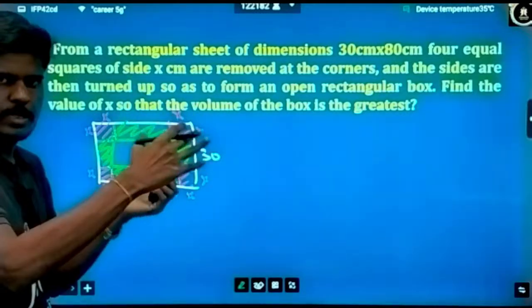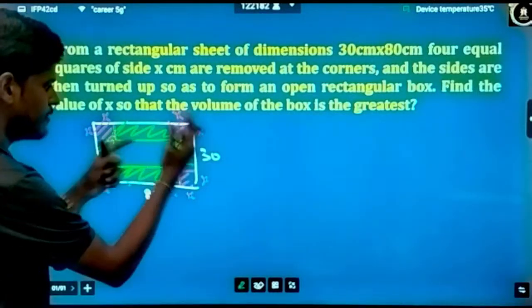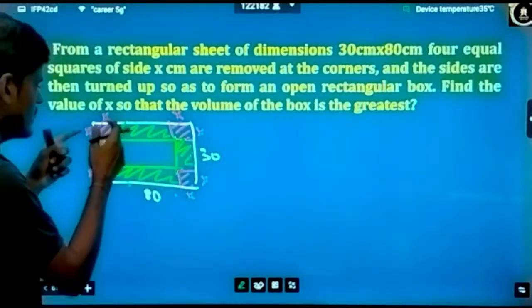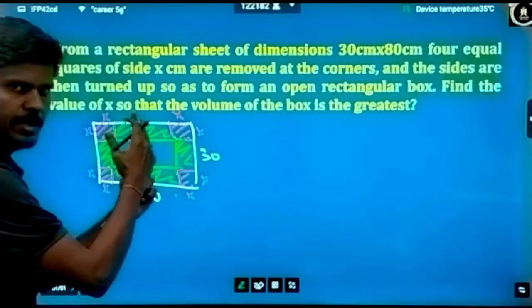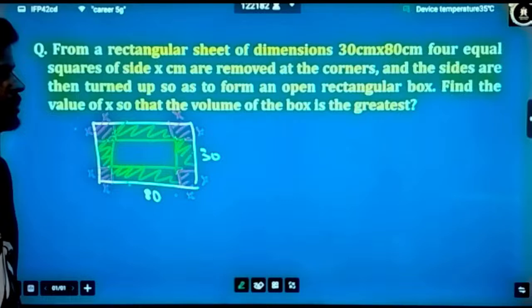Why is it an open rectangular box? Because the top portion is not closed. When we fold this after removing the corner portion, it will form a rectangular region. So that is why it is an open rectangular box.